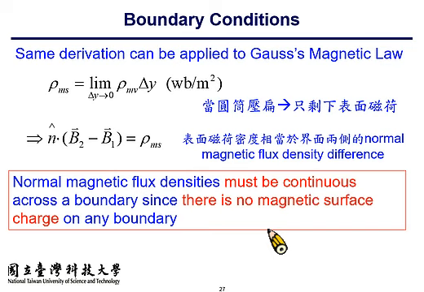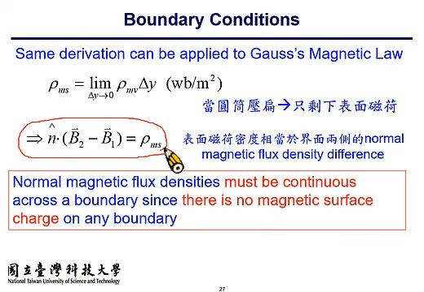Okay, so we can derive the fourth boundary condition, and this comes from Gauss's law of magnetic field. Similar to Gauss's law of electrical field, the difference in the normal component of magnetic flux density across the interface must equal the magnetic charge density at the interface.